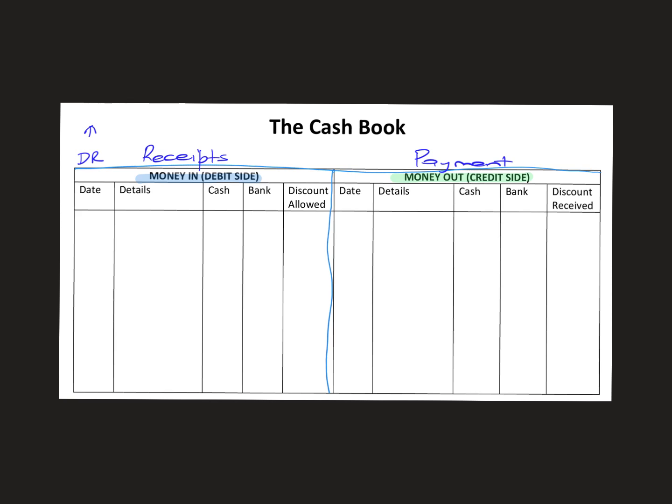So the credit side is for payments, which would cause a reduction or a decrease in cash or money at the bank. Now the cash book is really the bank account and the cash account brought together in a book. So side by side, the cash book actually serves two purposes.